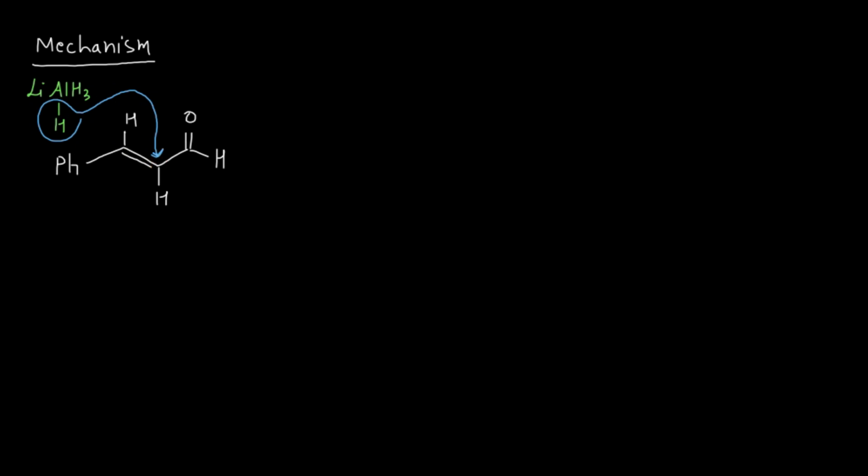When it attacks onto this one, you will have your species, and that species would look like this. This is my Ph, which is phenyl. You see this is negative here. When this hydrogen along with its electron pair, that means as hydride, attacks onto this one, this electron pair will shift over there.